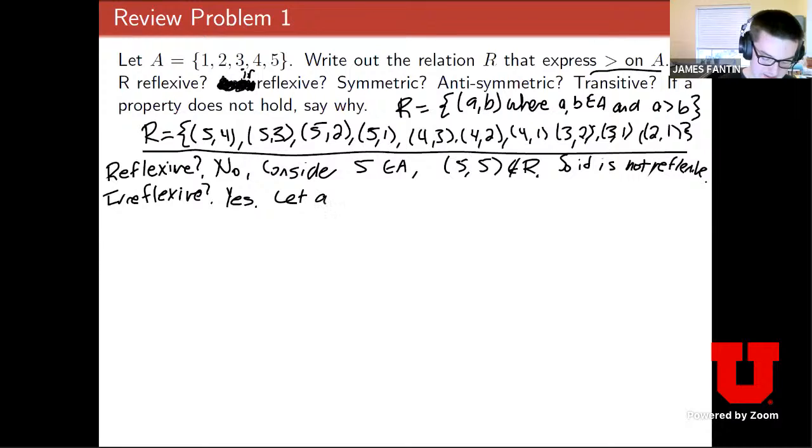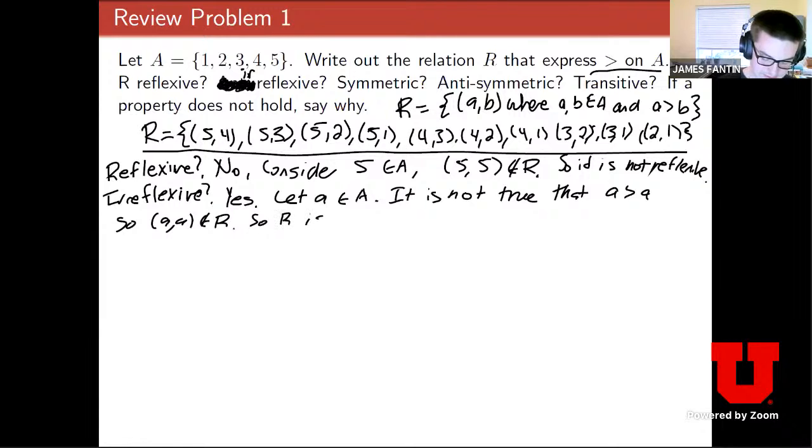Well, let A be in the set big A. It's not true for any A that A is greater than itself. So A, A is not in the relation. So R is E-reflexive. E-reflexive means for all such A, the pair A comma A is not in the relation. And this is what we showed. A is not greater than A for any such A.